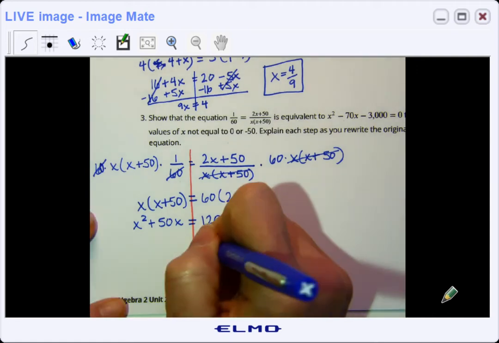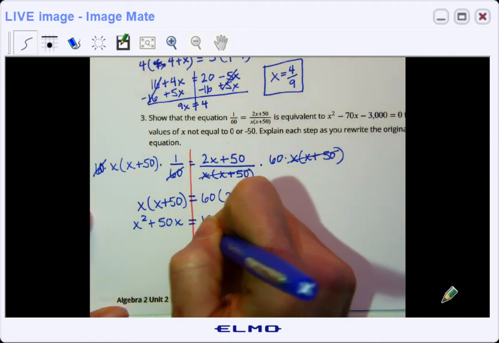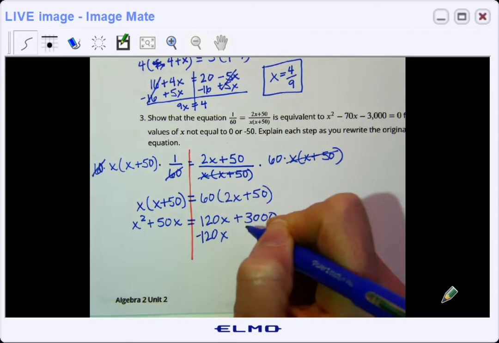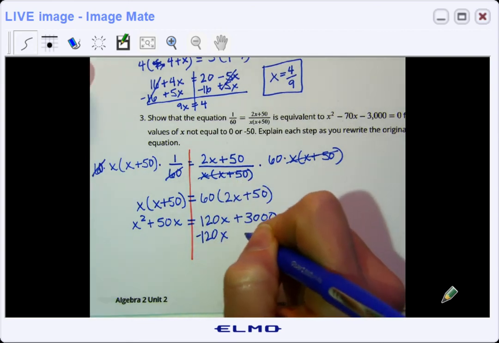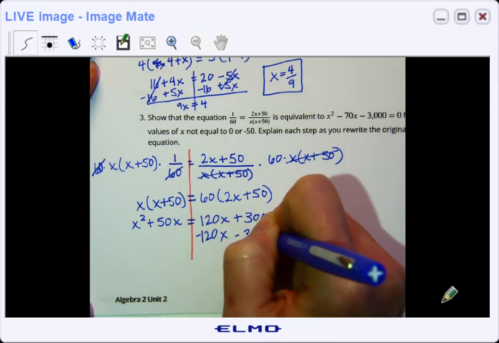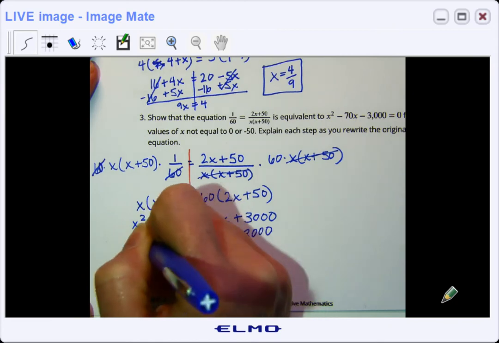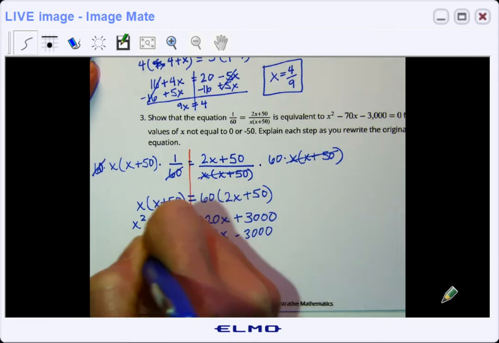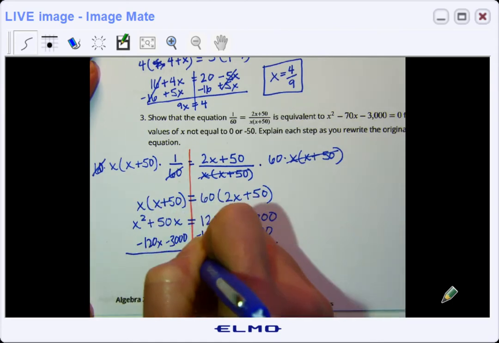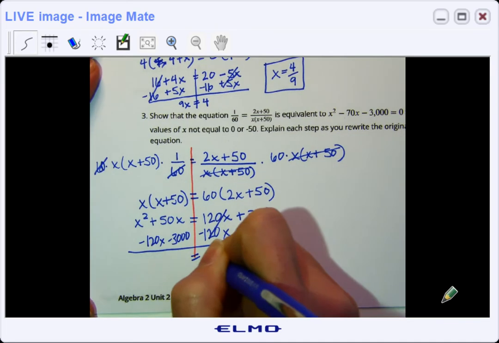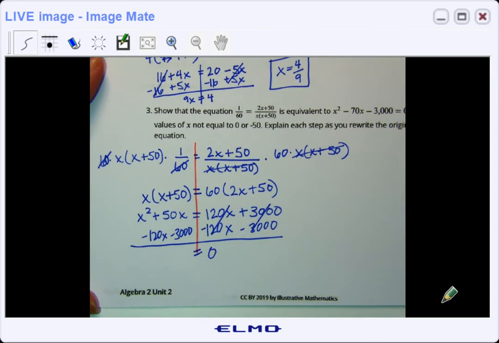So we're going to subtract the 120x and subtract the 3,000. So over here we will have 0 and 0, so altogether 0.